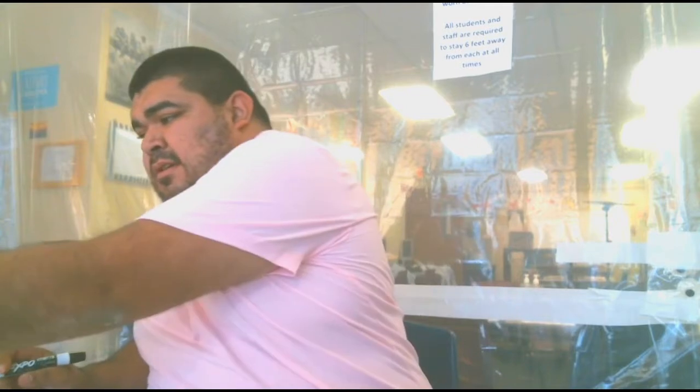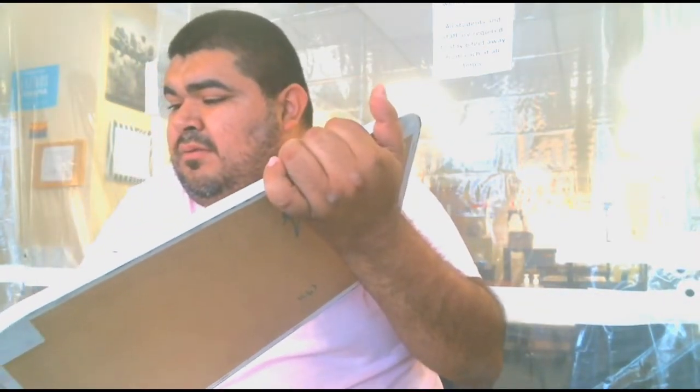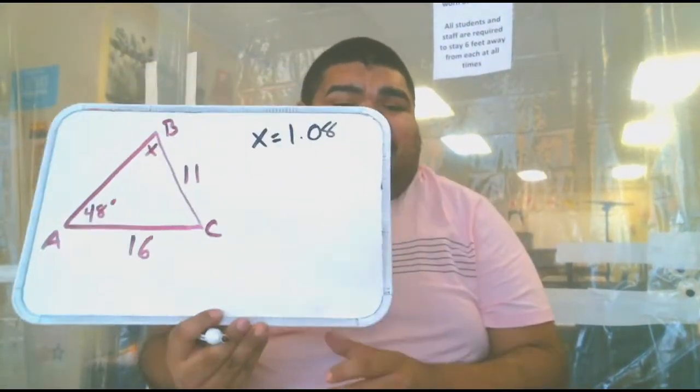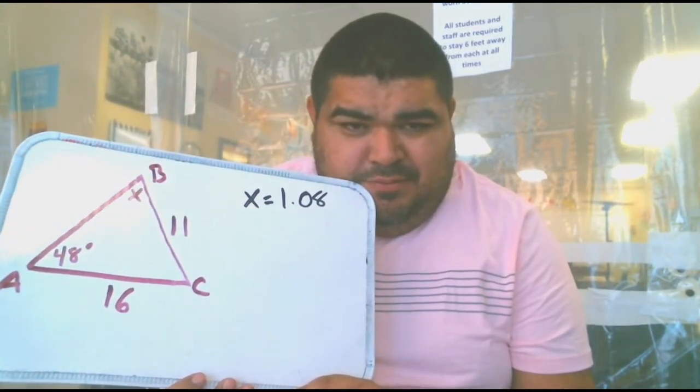Or if you don't have the inverse sine button, you can always leave it as it is, as just 1.08. So we can say x equals 1.08. Okay, if you can actually convert it, that's even better, to an actual degree. Okay, this is in radian form.